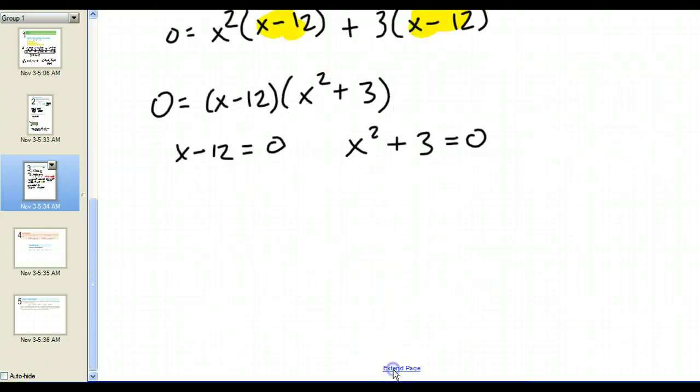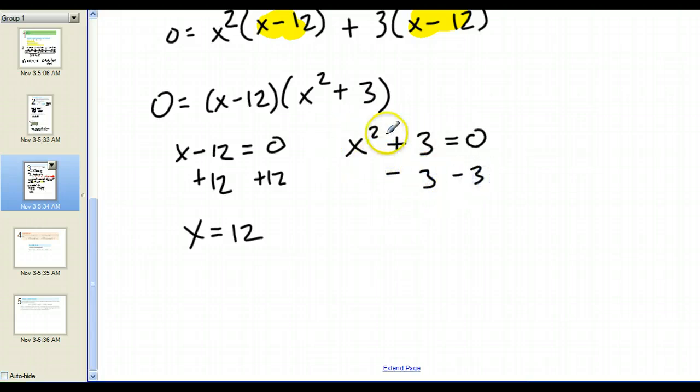Well, let's think about it for a second. This one on the left is easy to solve. If this is the case, add 12 to both sides and we get 12. But here, I'd have to subtract 3 from both sides to get this x squared isolated, and look what happens. I get a square equal to a negative.